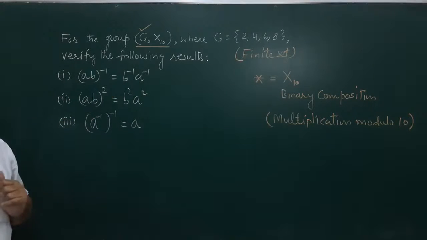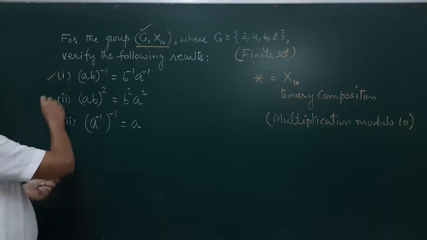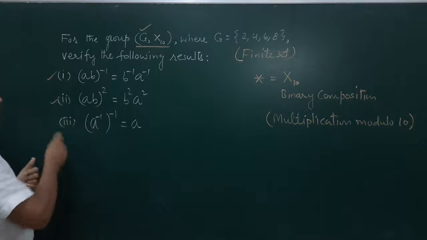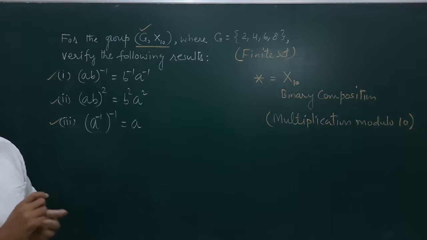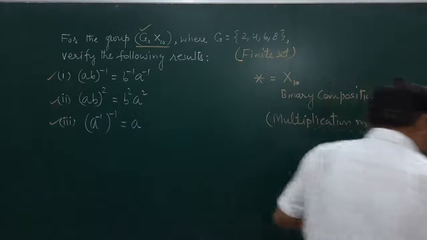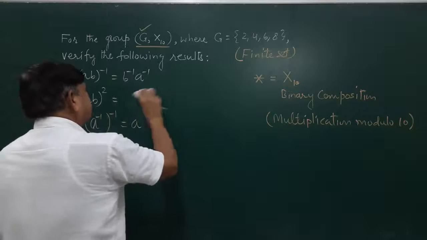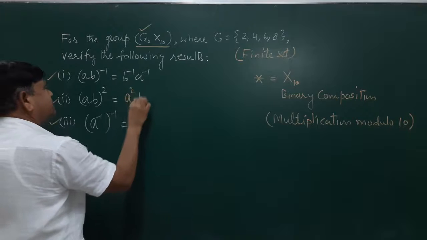Verify the following results. We have proved this one as a theorem. It is the reversal law. Remember this. Both ways you can write. A is equal to B square.